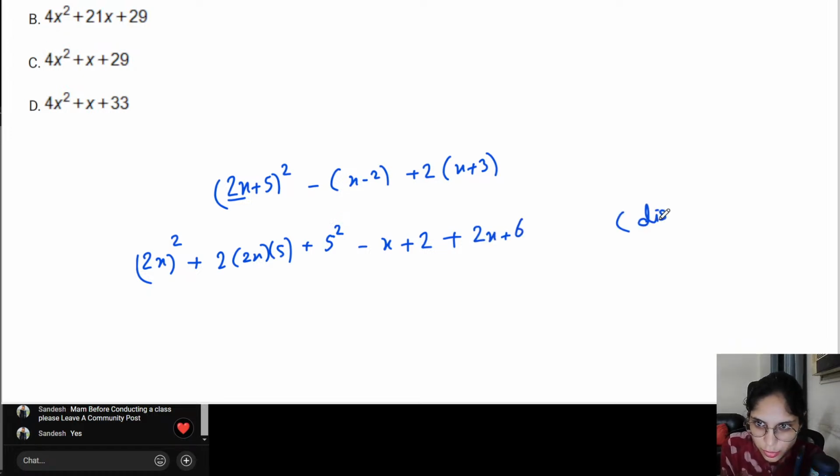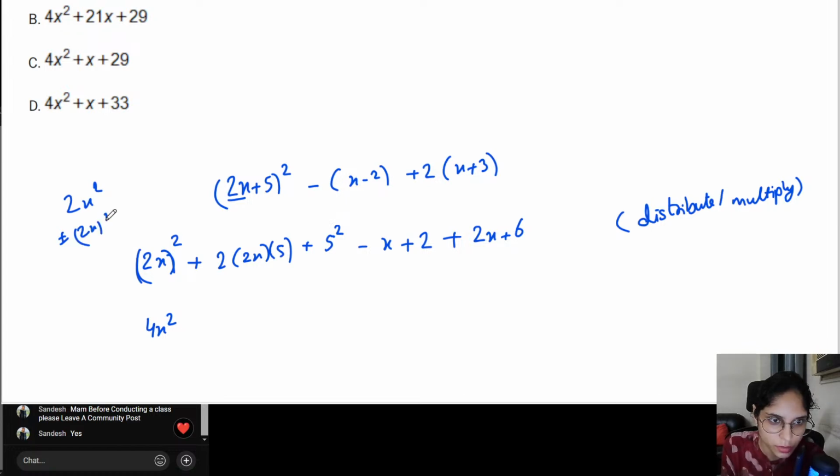So here we just distribute or multiply in the first step. So this is going to be 4x squared, because do not write 2x squared. You also have to take the square of 2. Always put parentheses. Parentheses or brackets mean you have to take the square of 2 as well. Do not write it like this. This is not the same as this one. It just means x is squared, 2 is not squared. 4x squared plus 2 times 2 times 5, 4 times 5 is 20, 20x plus 5 squared is 25.